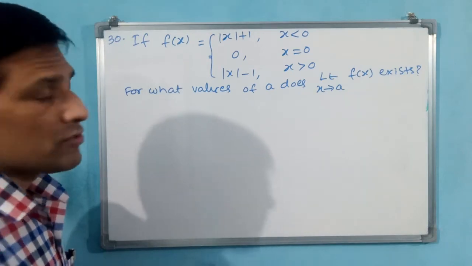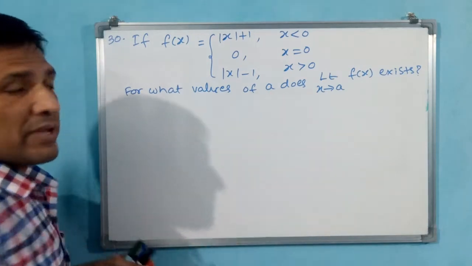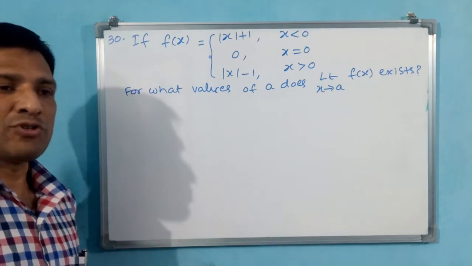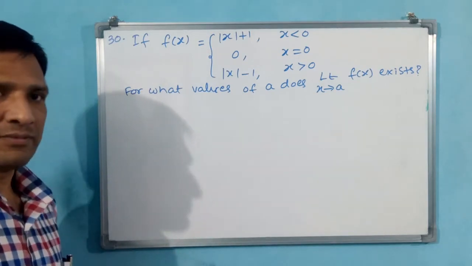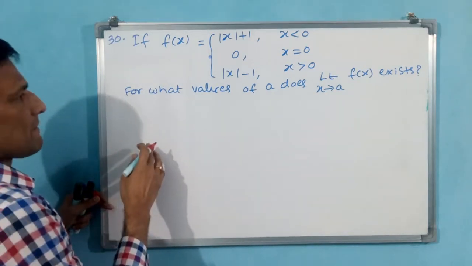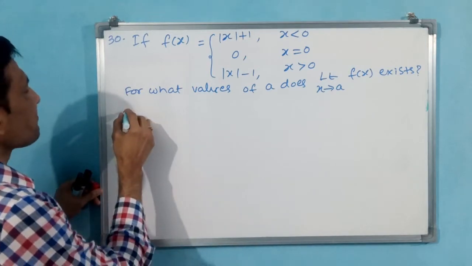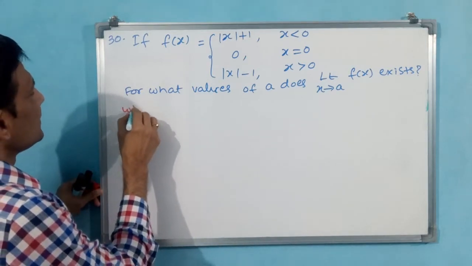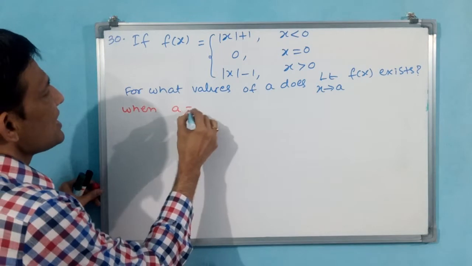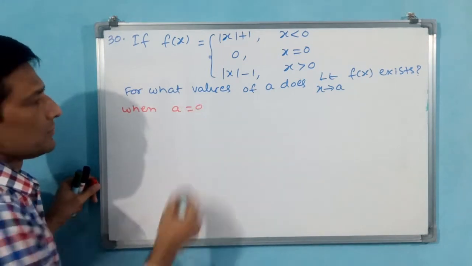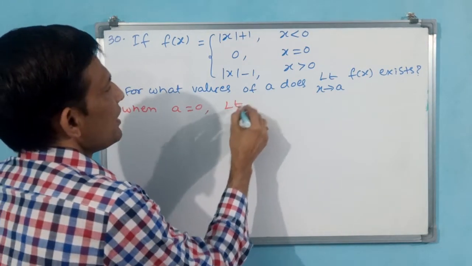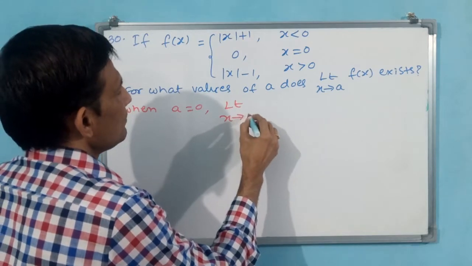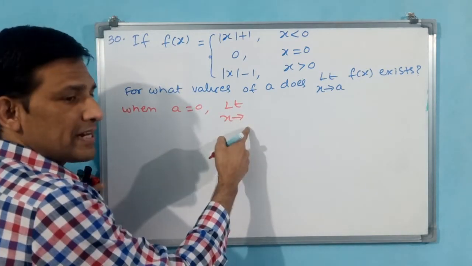When a is equal to 0, see what values of a, means a value you have to find. A may be 0 or less than 0 or greater than 0. See how I am writing. When a is equal to 0, limit x tends to 0, you have to write left hand limit.